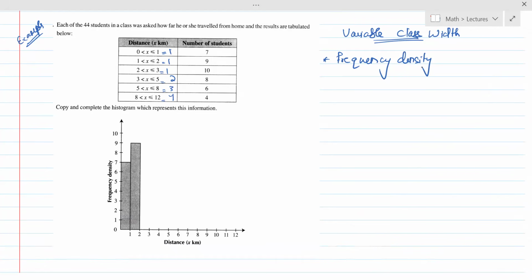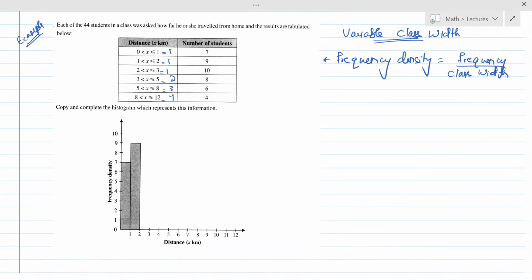For frequency density, the formula is frequency upon class width. Basically, frequency density tells us how dense the frequency is for each class. So for all the classes, we first calculate the frequency densities.